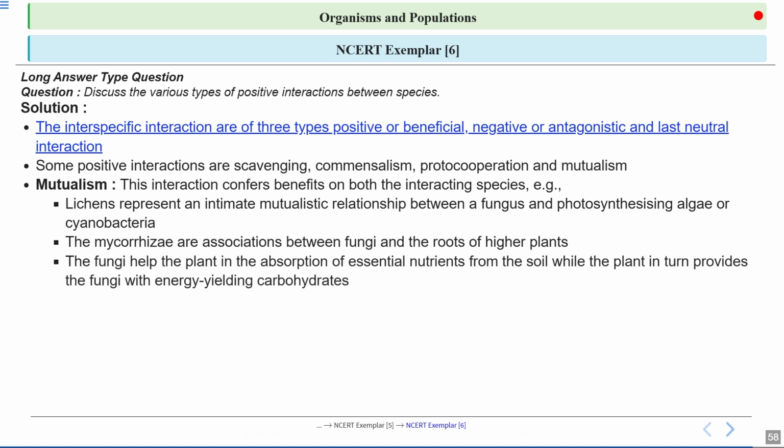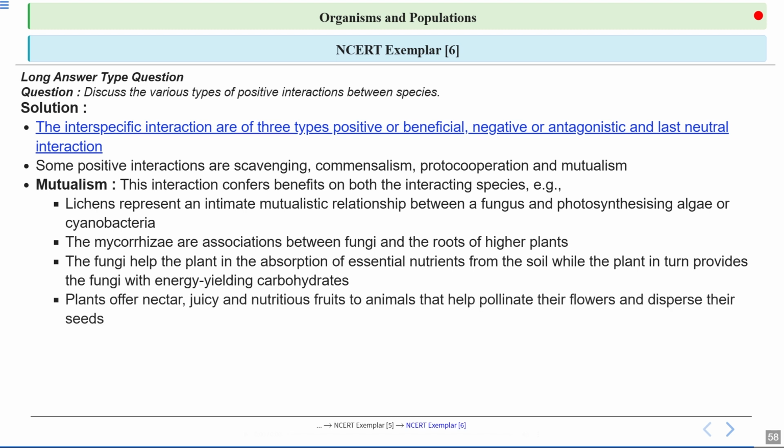So fungi help the plant in absorption of essential nutrients from the soil, while the plant in turn provides the fungus with energy-yielding carbohydrates. Plants also offer nectar, juicy and nutritious fruits to animals that help pollinate their flowers and disperse their seeds. So this is another example of mutualism.